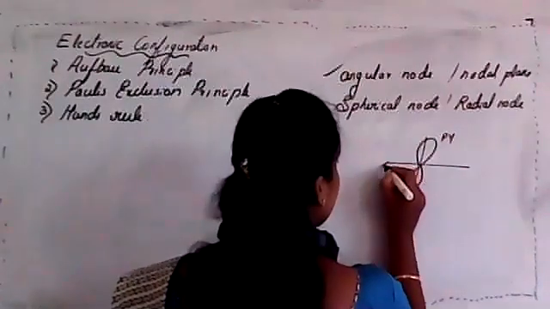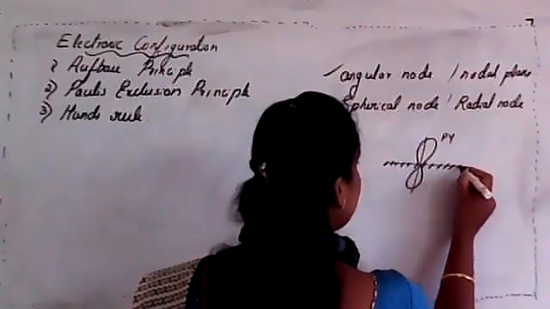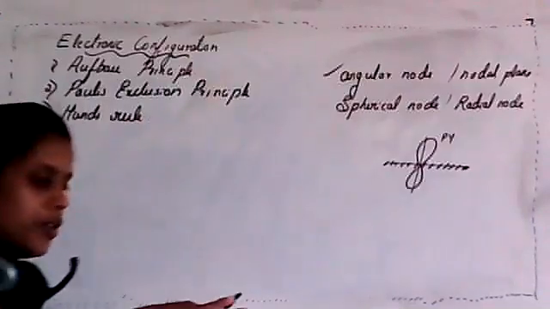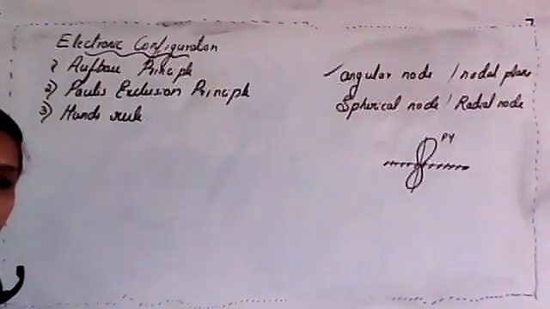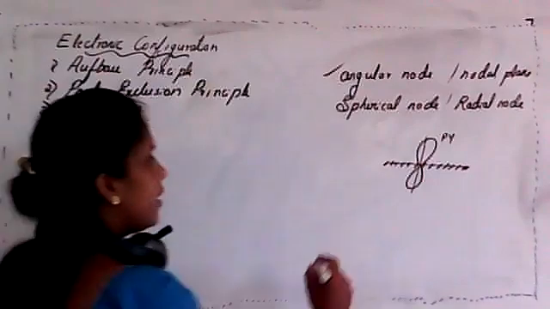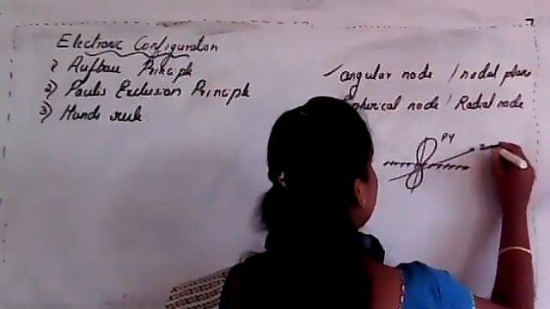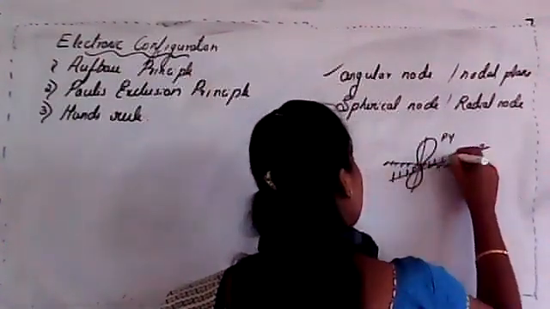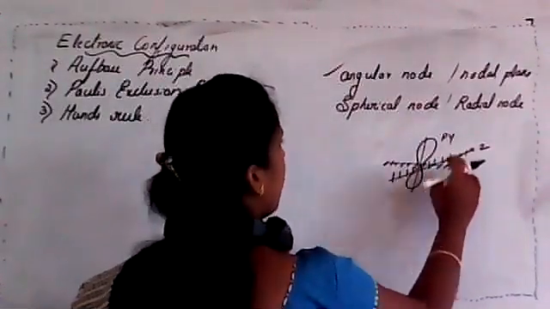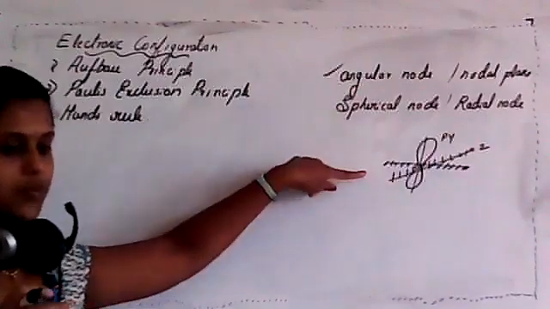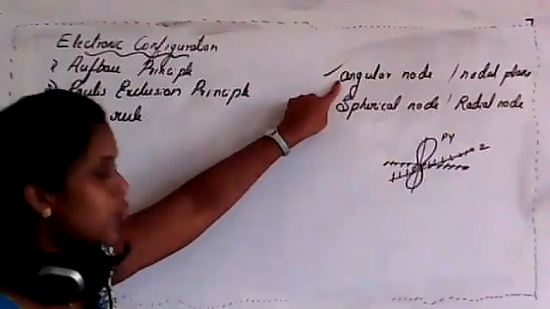In that case, this is one plane which passes through a node, isn't it? And there is another plane, the z plane, which again passes through a node. And these two are with the help of which we can calculate the angular node.